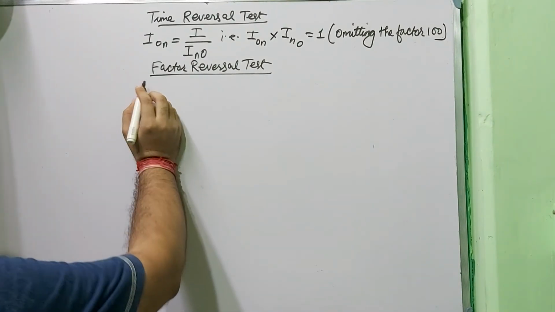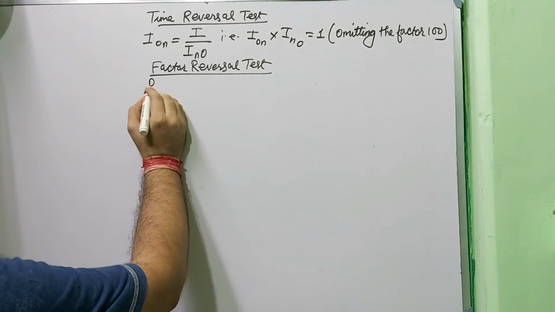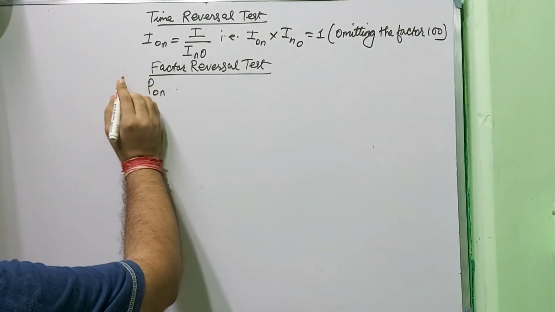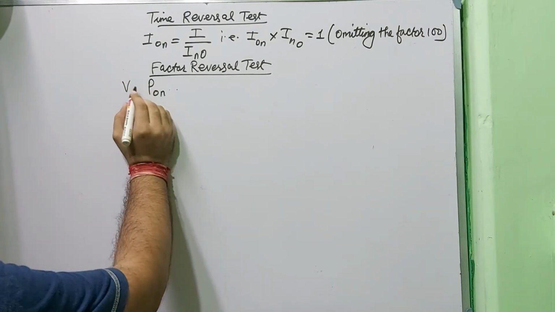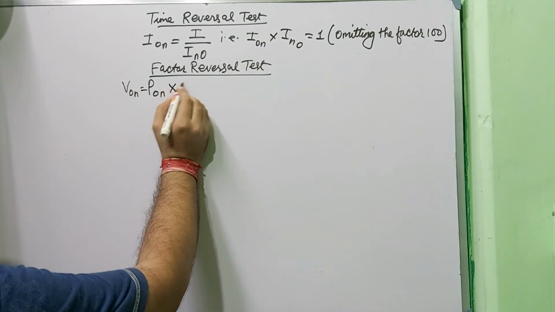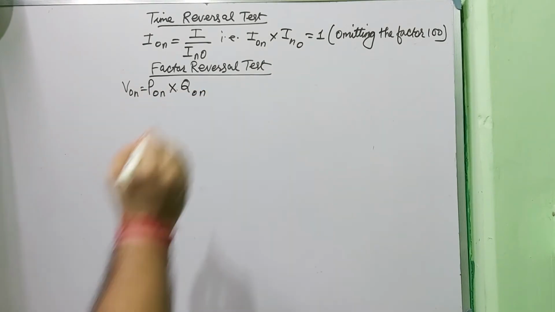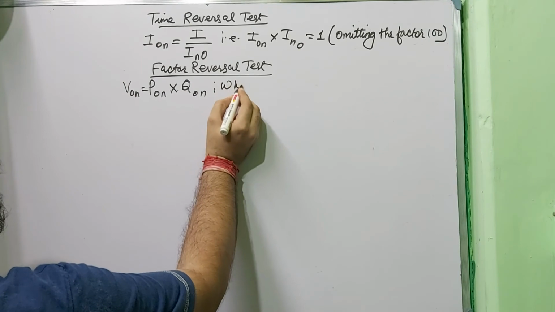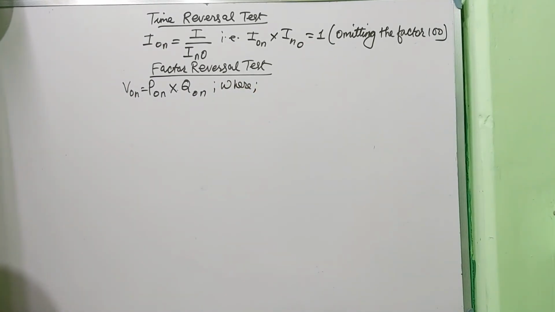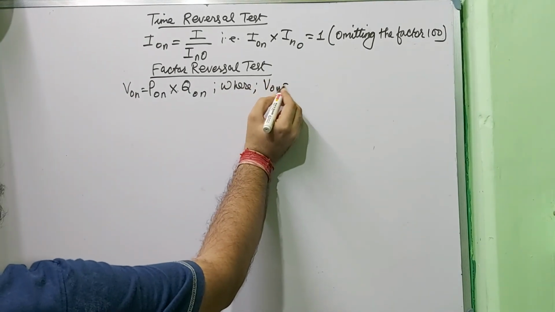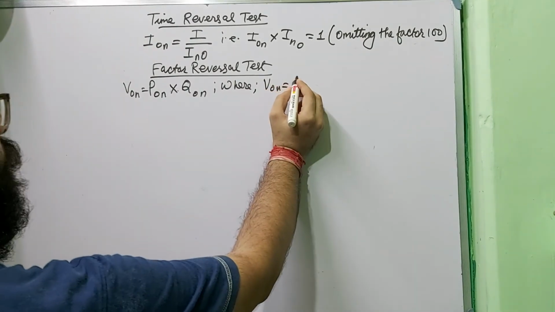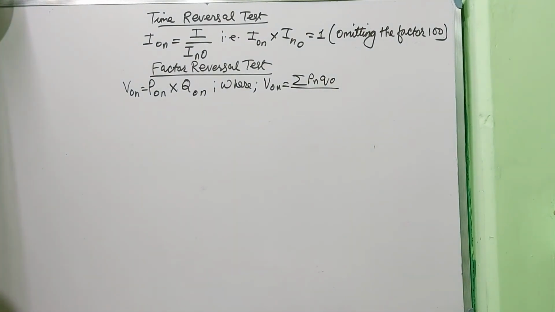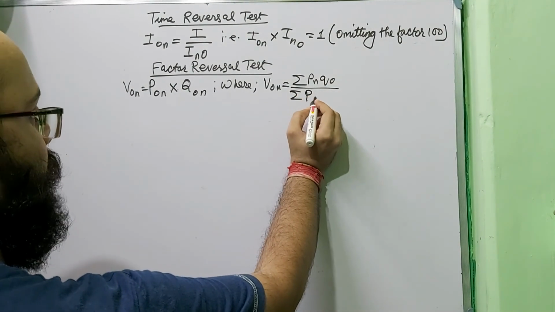P0n into Q0n is equal to V0n, the value ratio, where V0n is equal to summation of PnQn by summation of P0Q0.